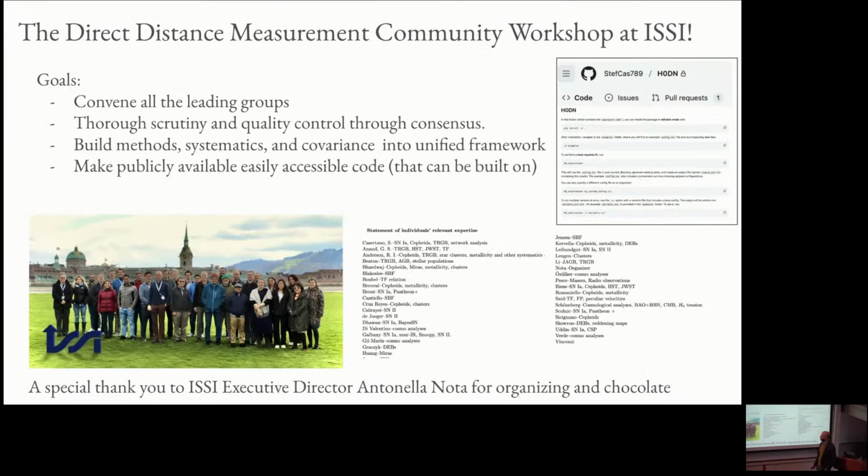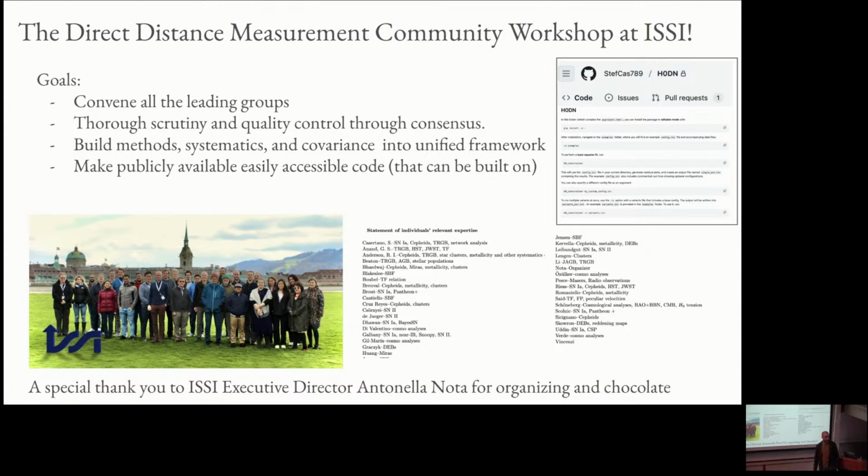So we convened the workshop at ITC in Bern, thanks to Director Antonella Nota for organizing it and for chocolate. And the goals were to convene the leading groups. All of the groups that you saw on the last slide, we tried to get to join us. And then together we would scrutinize and build some quality control measures and come to agreements through consensus.